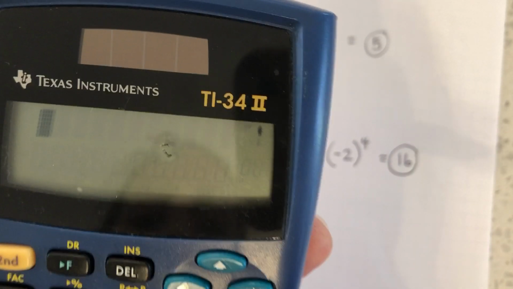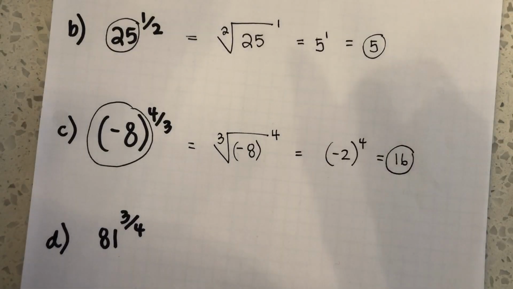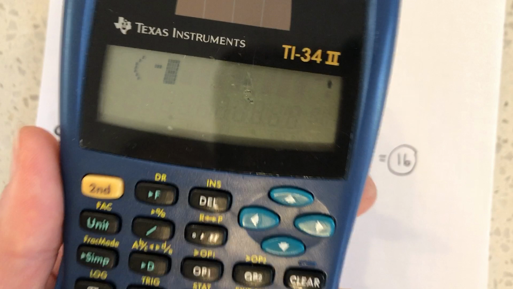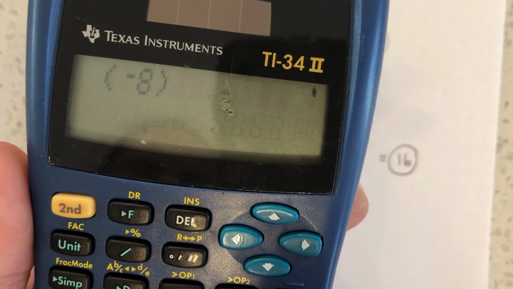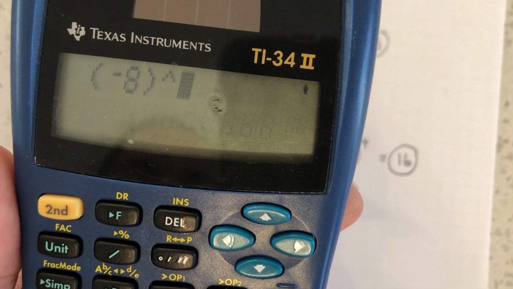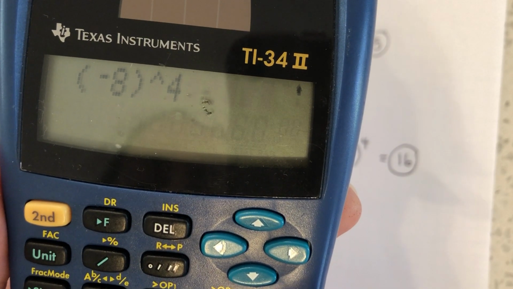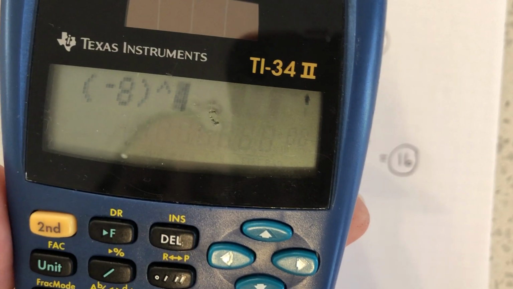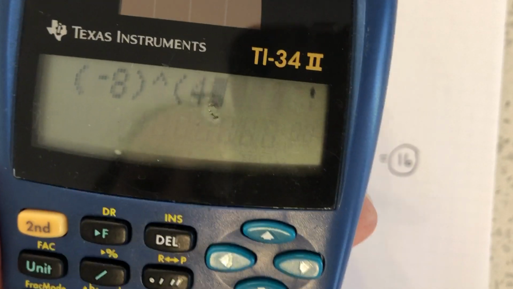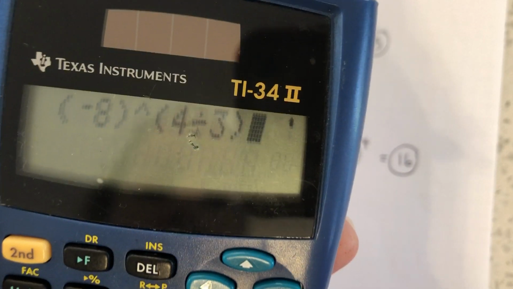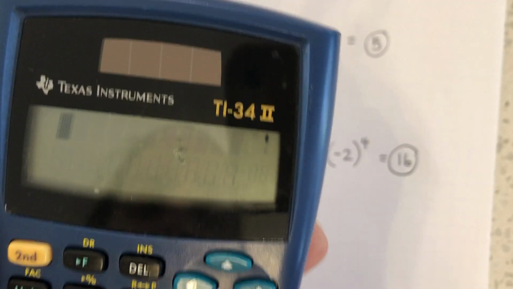Oh, wait. What did I do? Maybe I typed something wrong. Negative 8 to the 4, for parentheses, 4 divided by 3. Hit enter. What am I typing in wrong?